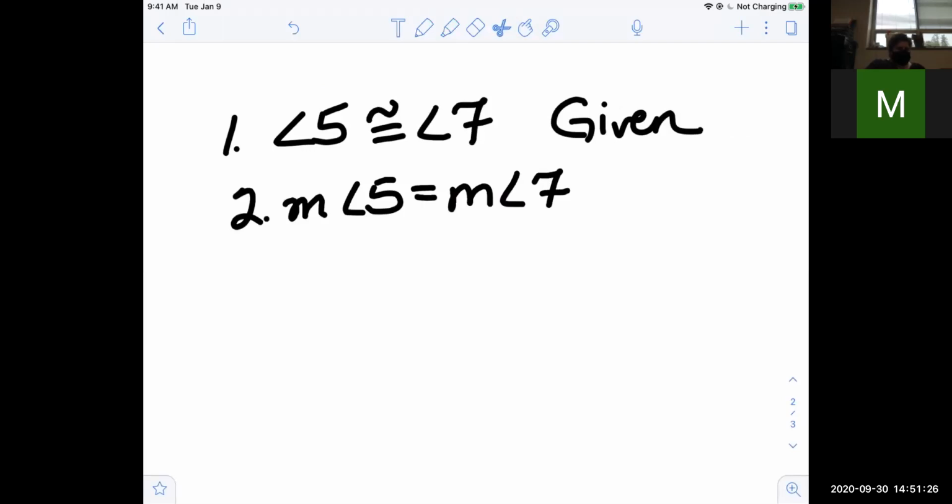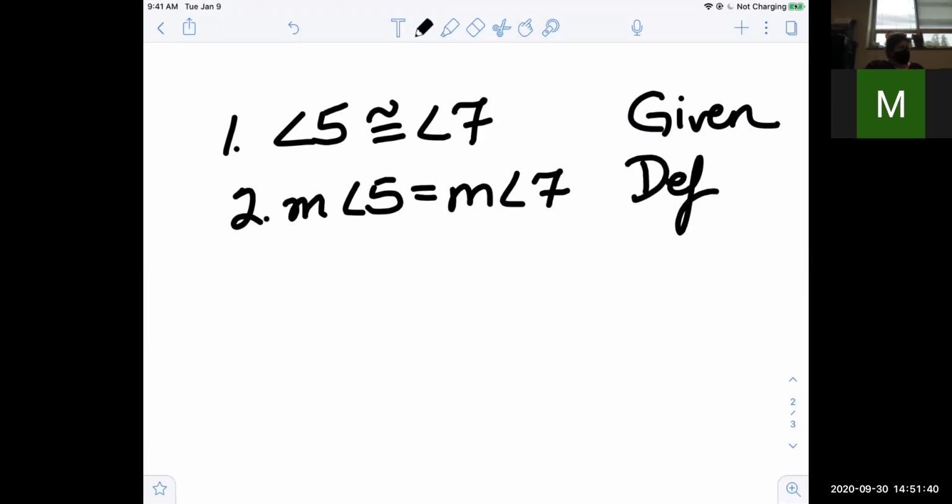The reason for that will be what? Okay, it's definition of what? Congruent angles. Okay, definition of congruent angles.